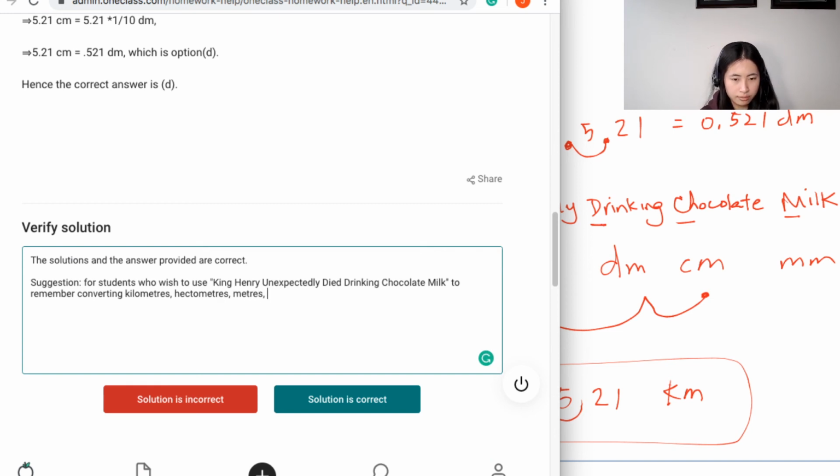And then we have hectometers, then decameters, meters, then decimeters.